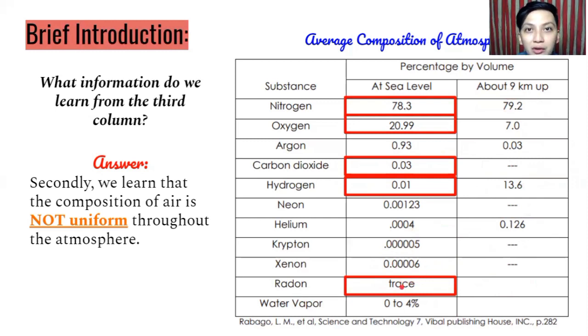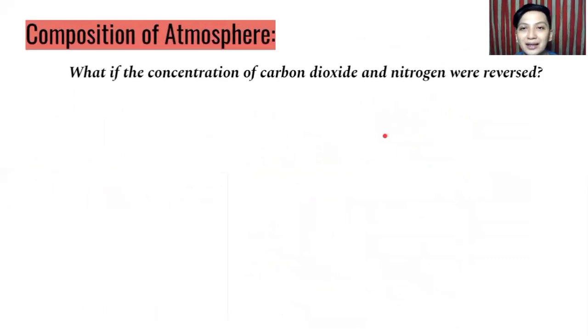May konting radon, okay, na matatagpuan. So the gases or the composition of the air is not uniform, meaning to say it varies. Iba-iba siya. Okay? So it is not the same throughout the atmosphere. Tandaan niyo yan.